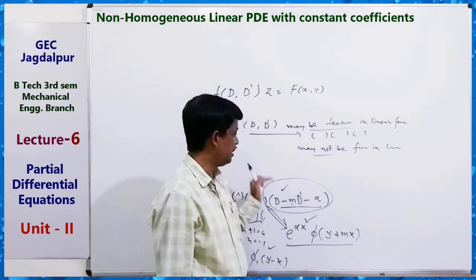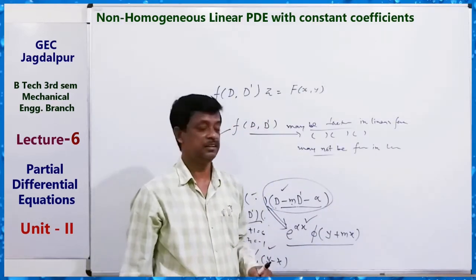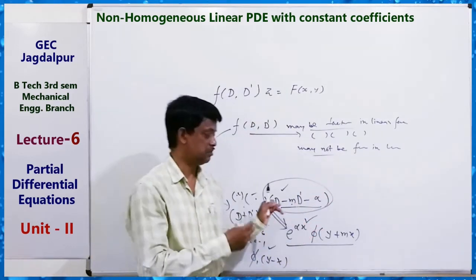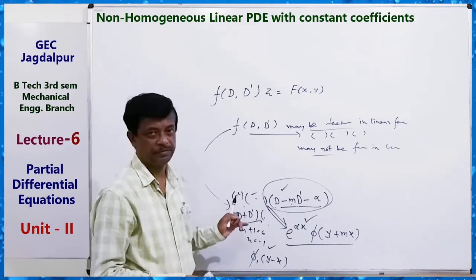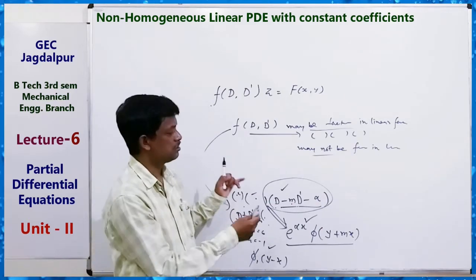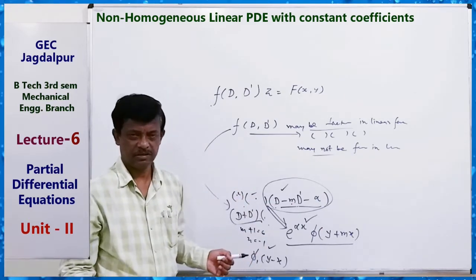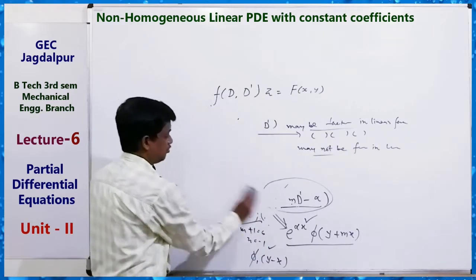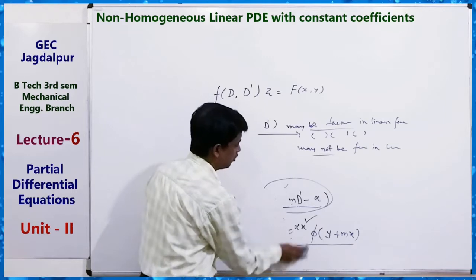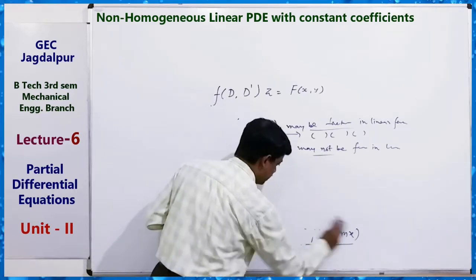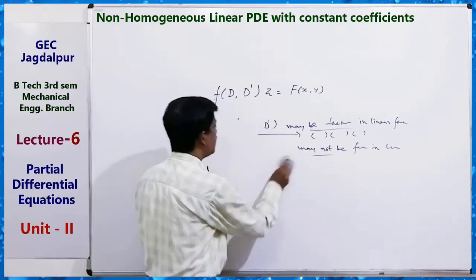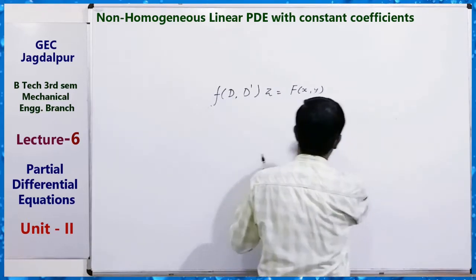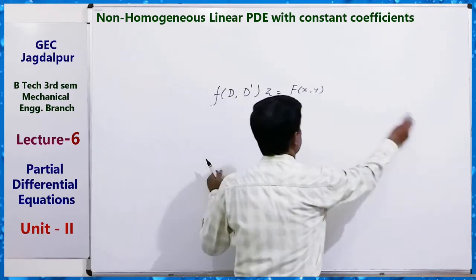And when we cannot factorize this into linear factors, then this method cannot be used. This method fails for finding CF. We will use another method. We will take some questions where it cannot be factorized into linear factors in D and D dash, and then we can see how to find the CF.